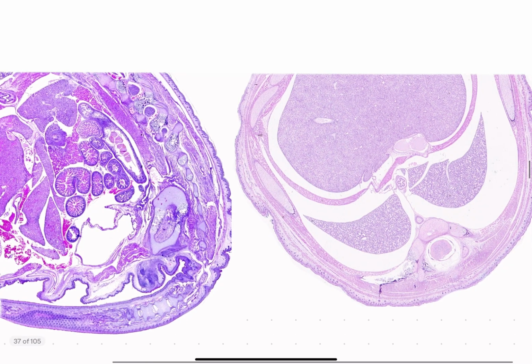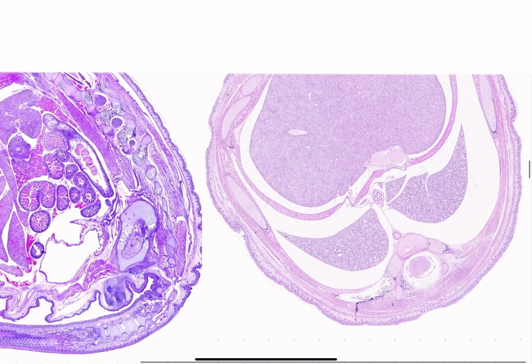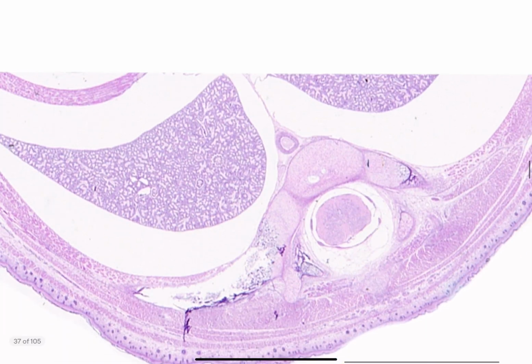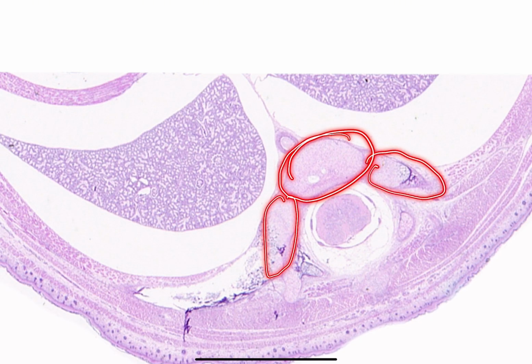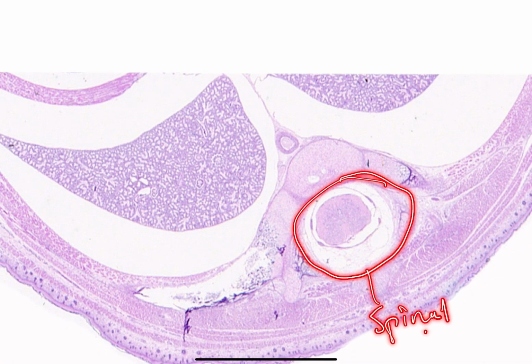Okay, now what I would instead like you to look at, to get back on topic, is this little thing. Here we can see the vertebral column cut in a transverse section. We have the corpus vertebrae and the different processus vertebrae right here and here. And then in the center, it envelops the spinal cord.